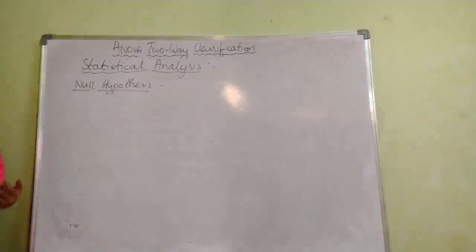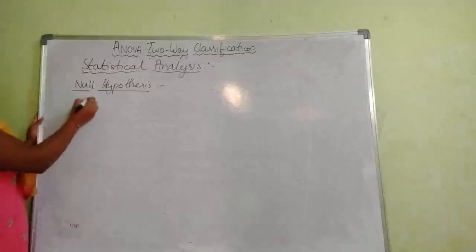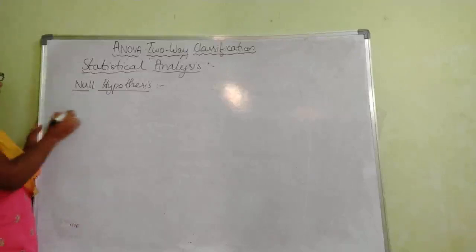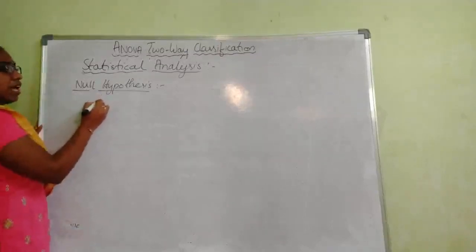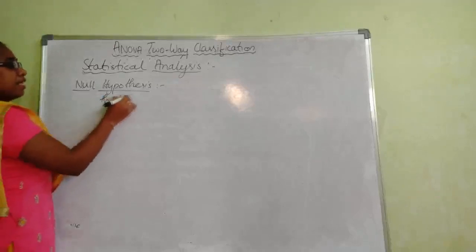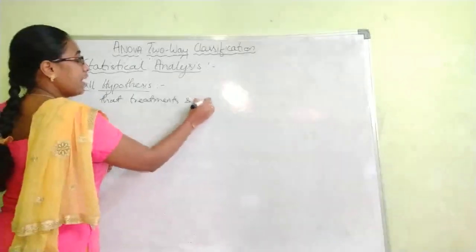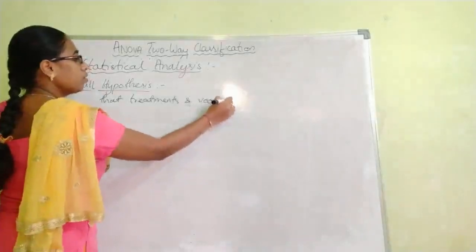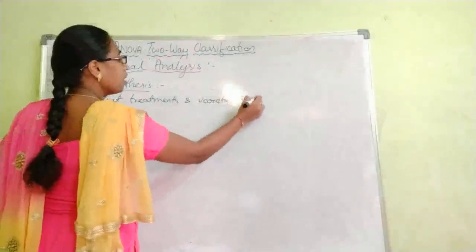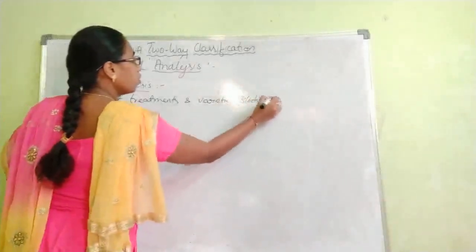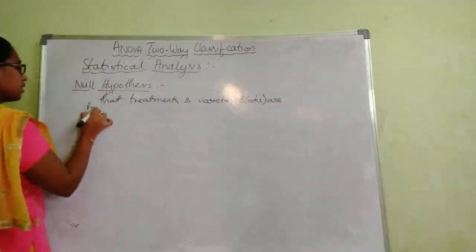As many effects as we have, that many null hypotheses we are going to present. So we set up the null hypothesis that the treatments as well as the varieties, that means blocks, are homogeneous.